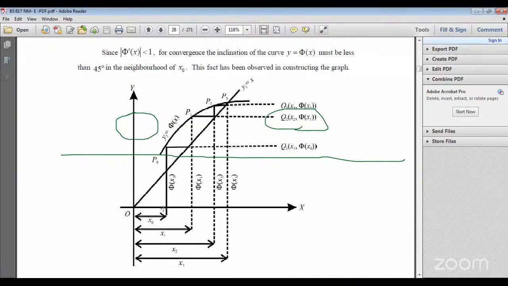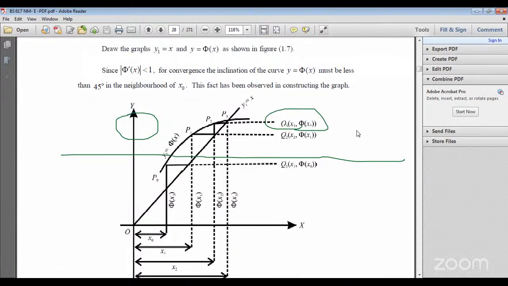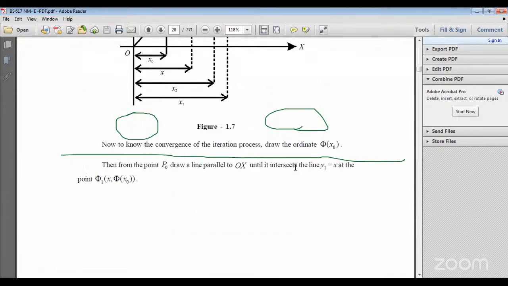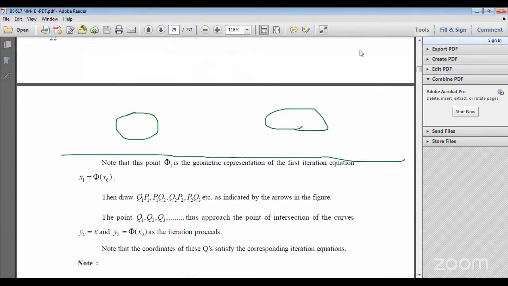See here, this is the first one, y = φ(x). We are taking points P1, P2, P3, and φ(x1), x1, y1, φ(x2), x2, y2, φ(x3), x3, y3. So now the convergence of the iteration process: y1 = φ(x0), x2 = φ(x1).